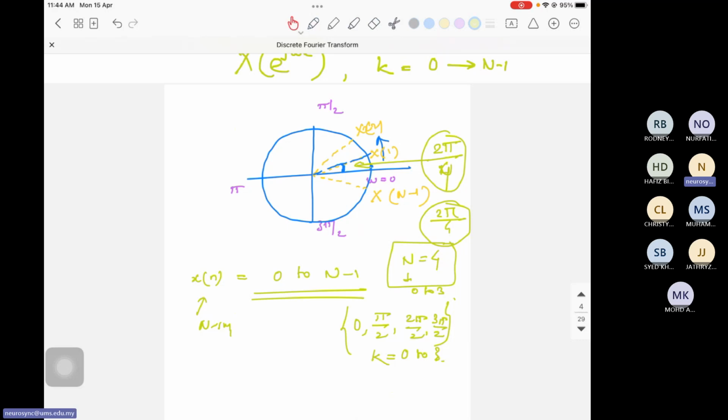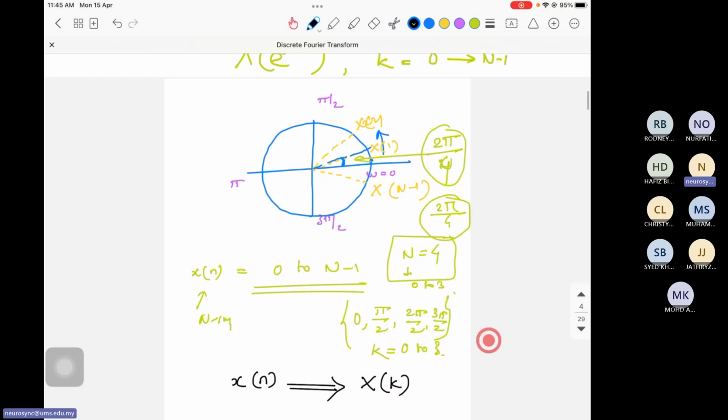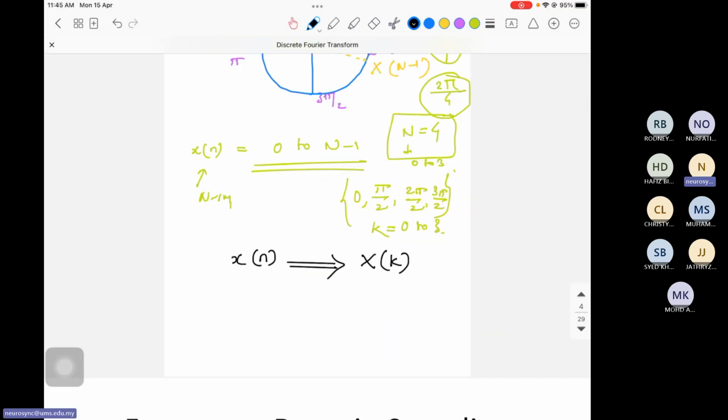Now the representation: the DFT basically converts x of n to capital X of k. In case of the DTFT it was X of omega, you remember, no?